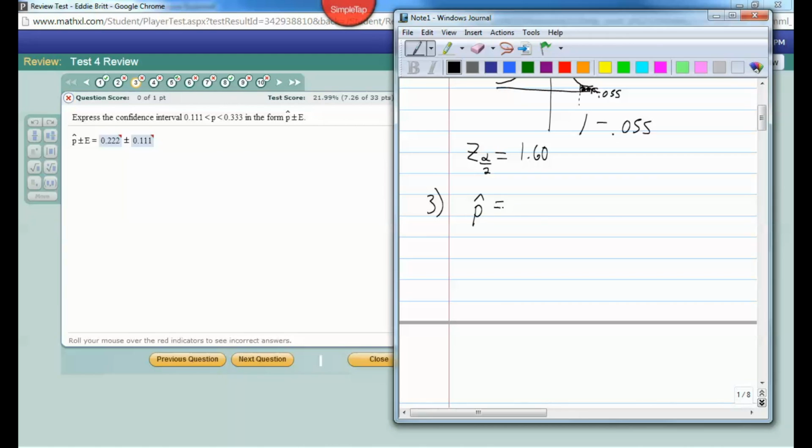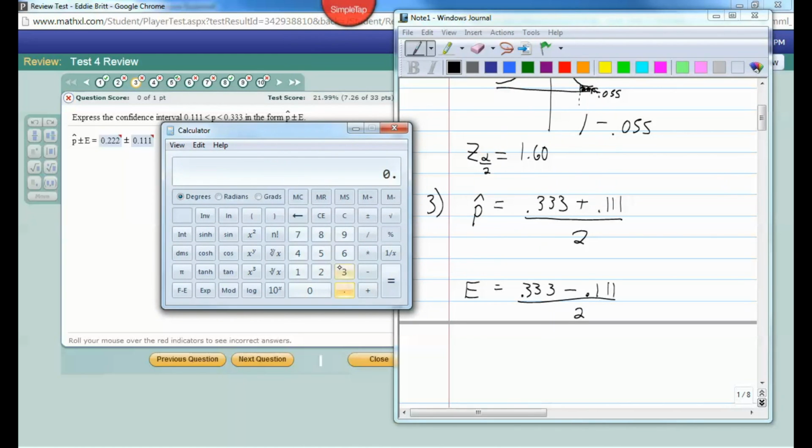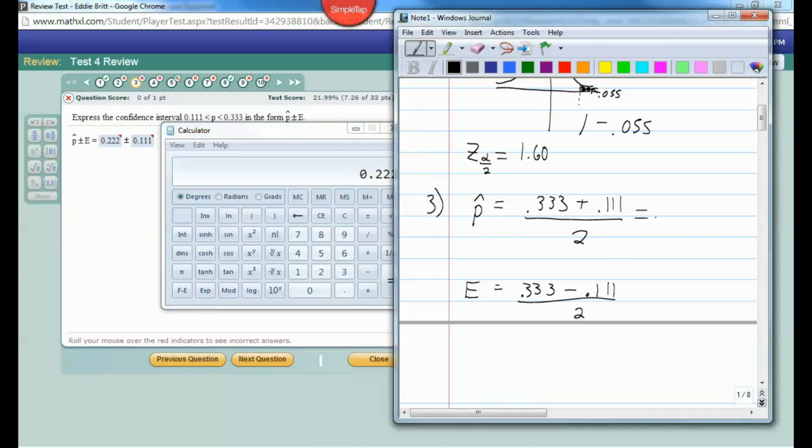We said that p hat is going to equal the upper confidence limit plus the lower confidence limit divided by 2. The margin of error is going to be the upper confidence limit minus the lower confidence limit divided by 2. All right, so let's see what that is. 0.333 plus 0.111 divided by 2. So p hat is 0.222.